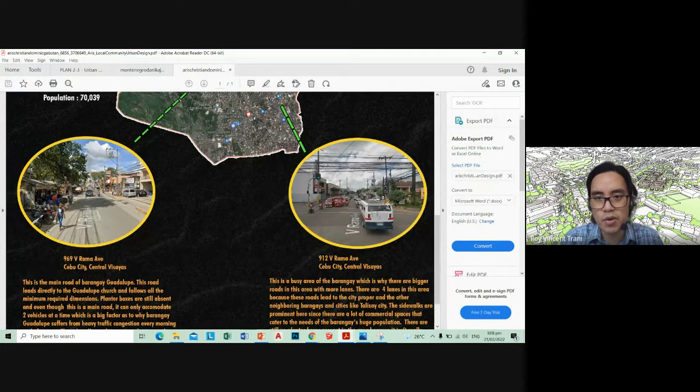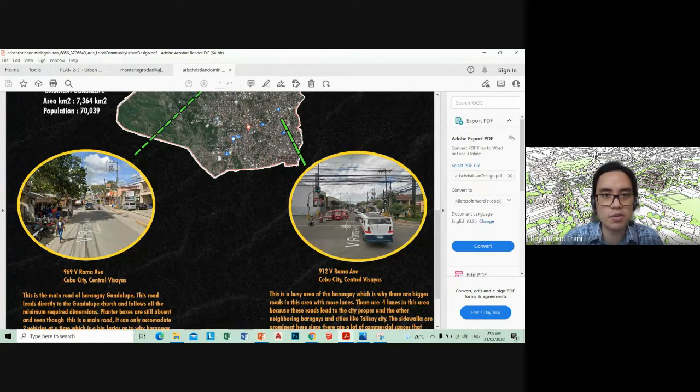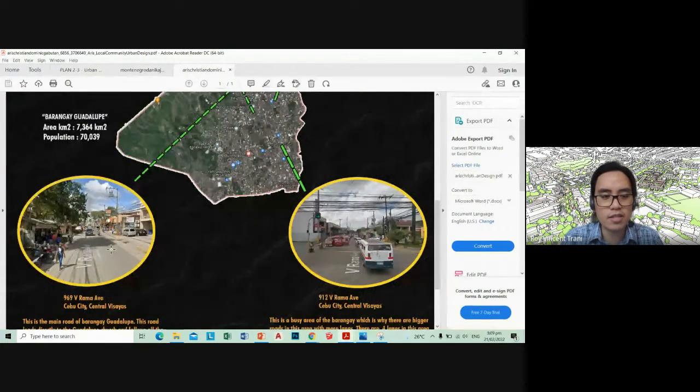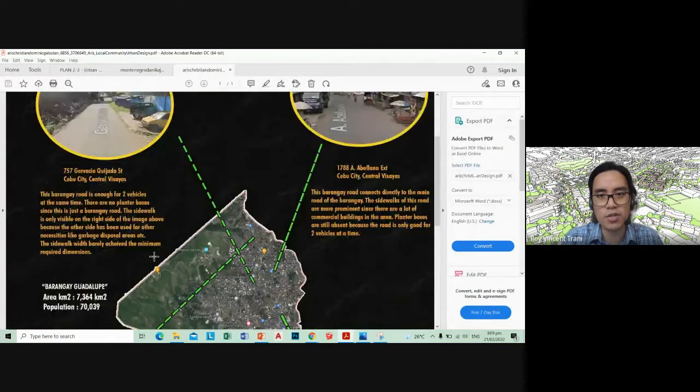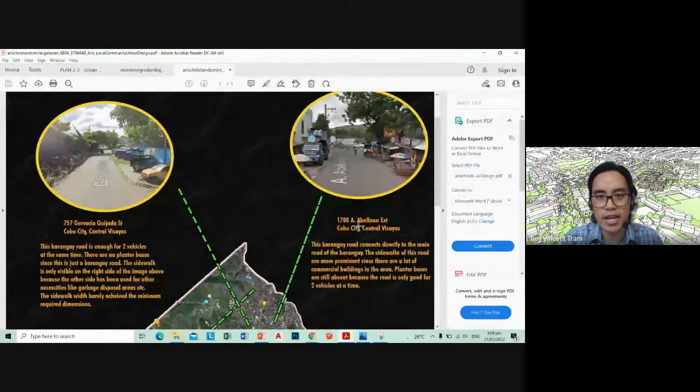912 has a bit more sidewalks. This is probably because it's closer to the city center. 969 has lesser sidewalks, on one side only. Abellana extension has a sidewalk on one side, but it has been occupied by small commercial spaces.